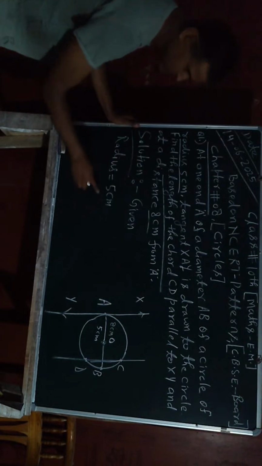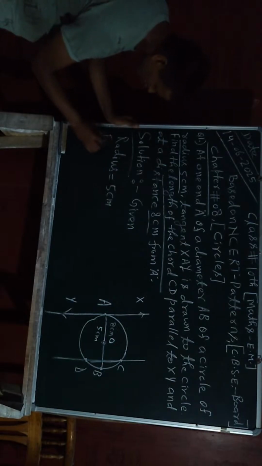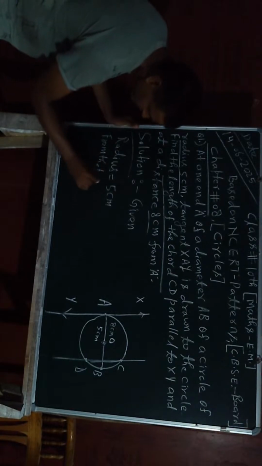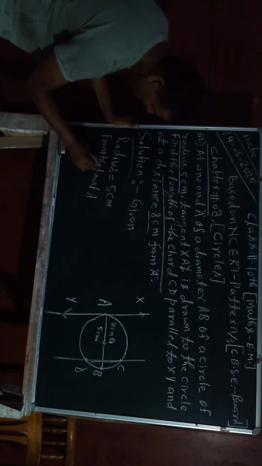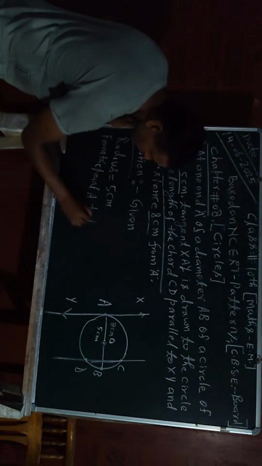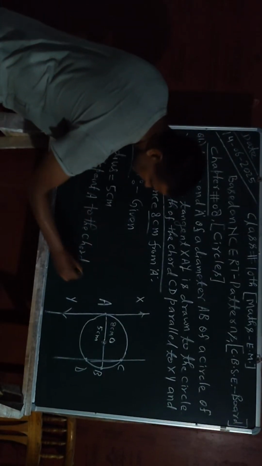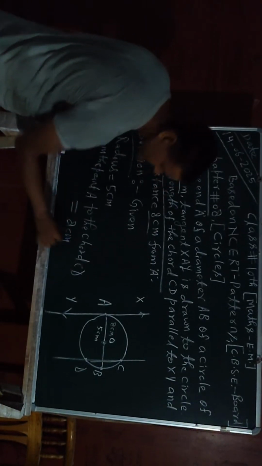So all the information: the radius of the circle, this one, and from the point A to the chord CD, which is equal to 8 cm, is given in the question.